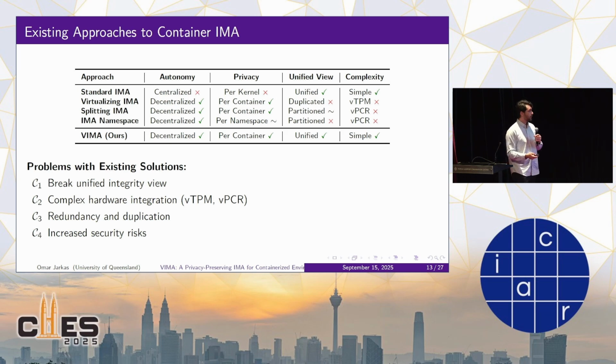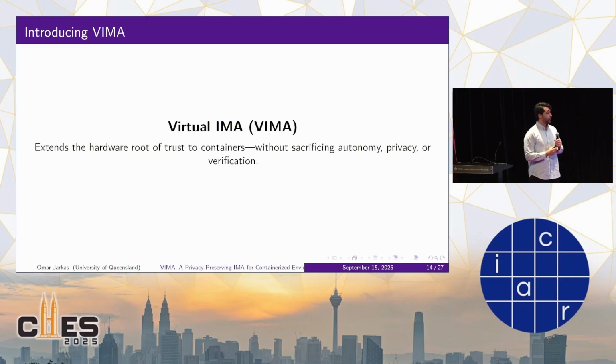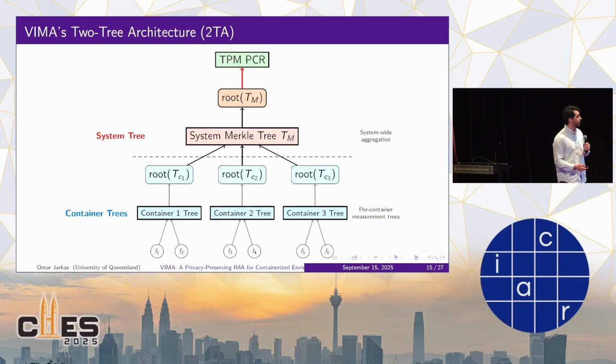So that's not good. This is why we introduced VIMA, which allows us to extend hardware root of trust to containers without sacrificing autonomy, privacy, or verification. To be honest, the architecture for VIMA is straightforward and simple. We use a two-tiered tree architecture where we have a monolithic root data structure on the entire monolithic kernel.